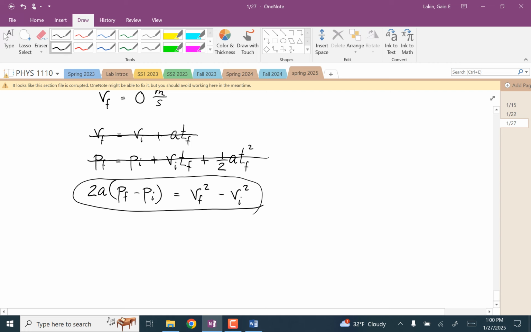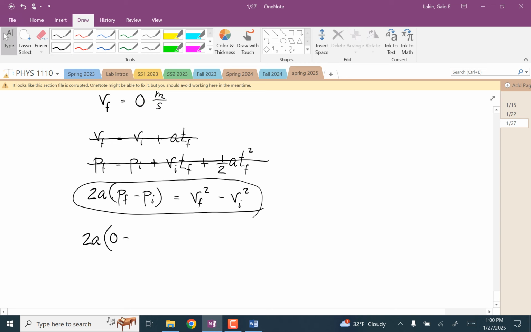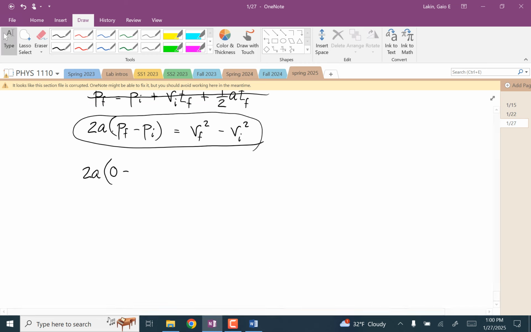So I'm just going to put in all the things we know, and then we're just going to do the algebra to solve for A. So we have 2 times A times the quantity, P final is 0, minus P initial is positive 30.